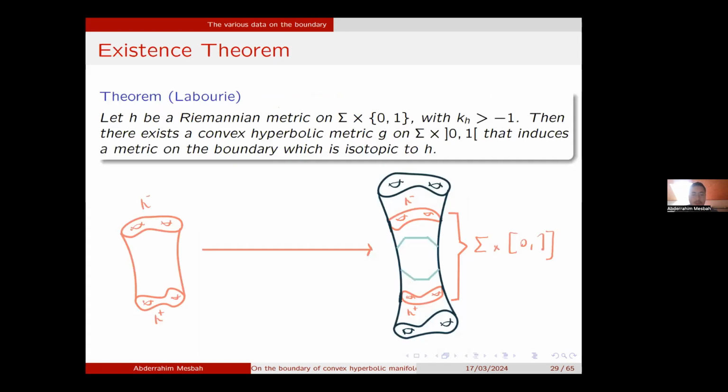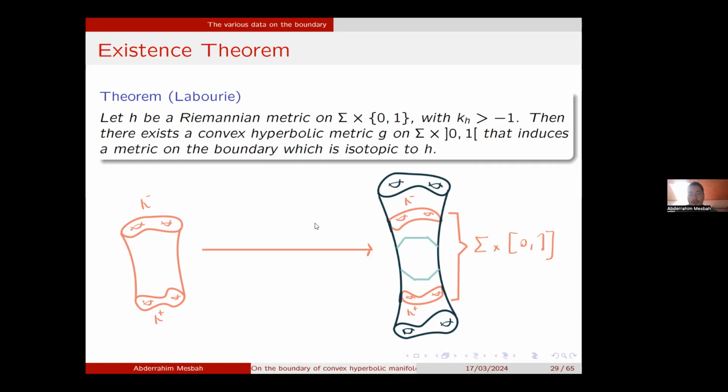And so here we have a theorem by Labourie saying that if I take any two Riemannian metrics on sigma with curvature strictly bigger than -1, then we can find a convex hyperbolic metric on sigma times [0, 1] such that the induced metrics on the boundary will be H plus and H minus.